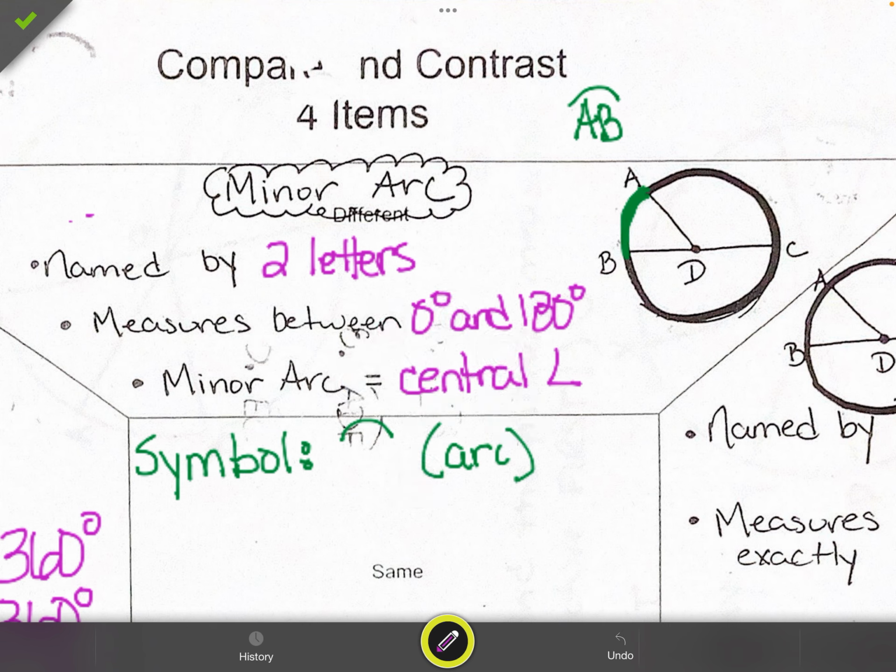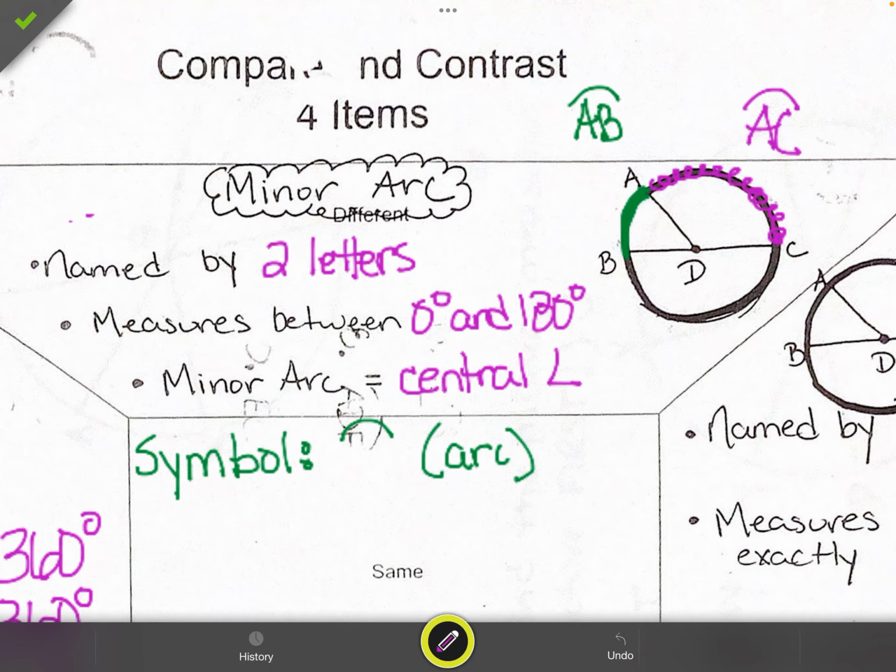It would be this arc from A to C. Okay, and we would call that arc AC, or you could call it arc CA. But if you look at my purple piece, it's definitely smaller than half of a circle, and so it's a minor arc. We will get more into the central angle being equal to the minor arc measure. We'll talk more about that tomorrow.